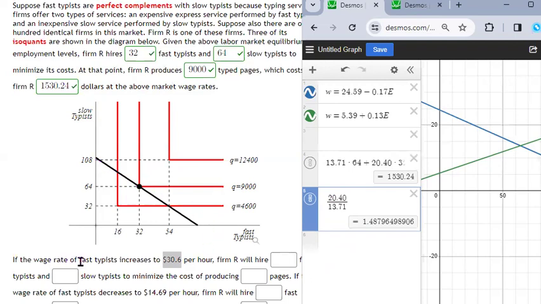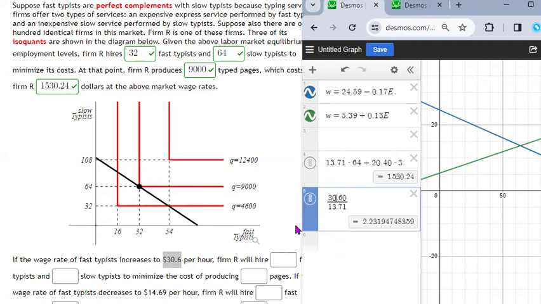Okay. Now, if the wage rate of the fast typist increases to $30.60, I'm going to replace the $20.40 with that, $30.60. The slope is 2.23. So the iso-cost line will be steeper because the numerator wage, which is the fast typist wage, has gone up to $30.60, right?